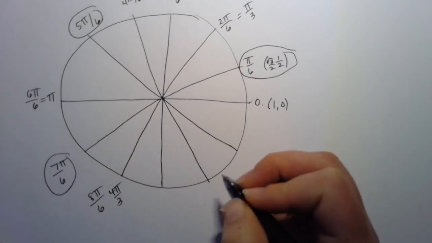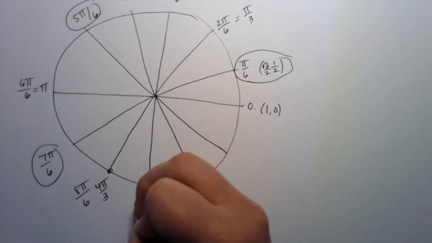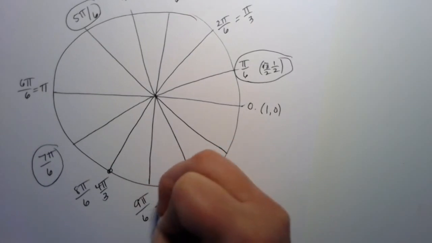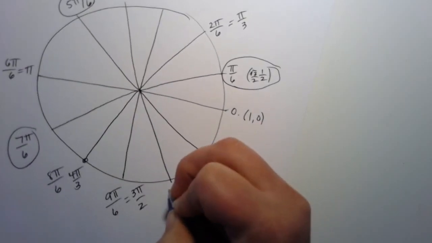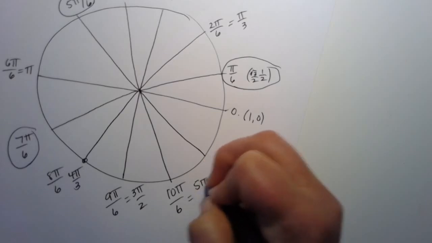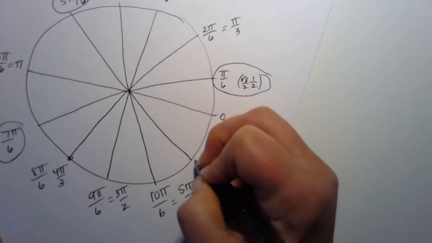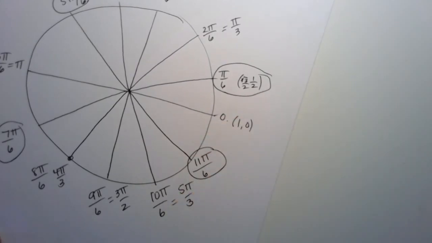We just did that triangle. We just did that value, right? So we don't need to do that one again. 9 pi over 6 is here, which is really 3 pi over 2, which we've already done. And then I come to 10 pi over 6 over here, which simplified is 5 pi over 3, which we've already done. Then I have 11 pi over 6. That one does not simplify, so we need to talk about that.